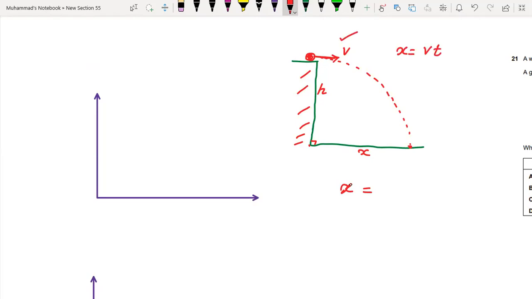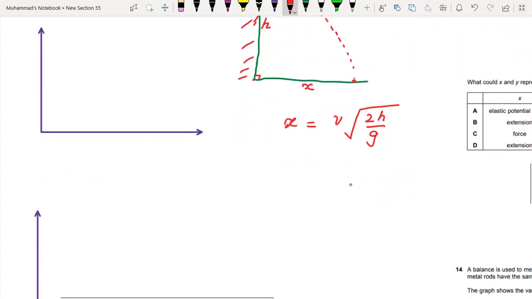Okay, this is horizontal velocity, and vertical acceleration is constant, so this h is ut, and vertical initial velocity is 0, so it is half gt square. If you use these two equations to find a relationship between x and h, you will get this type of relationship, with 2h over g.